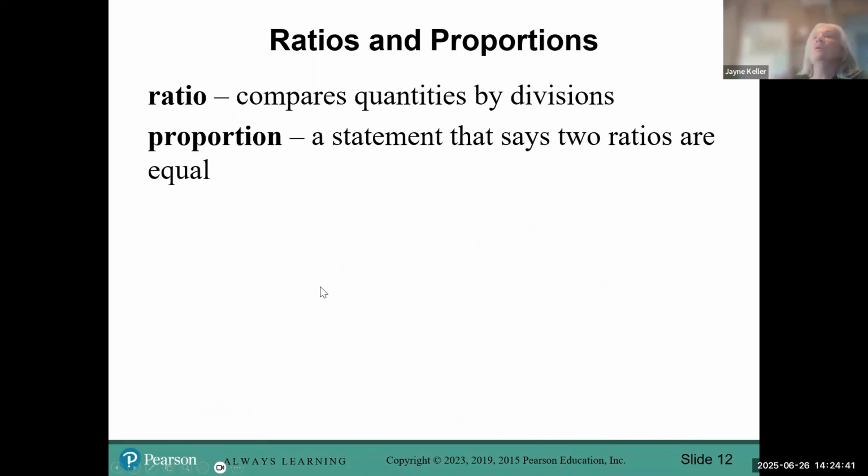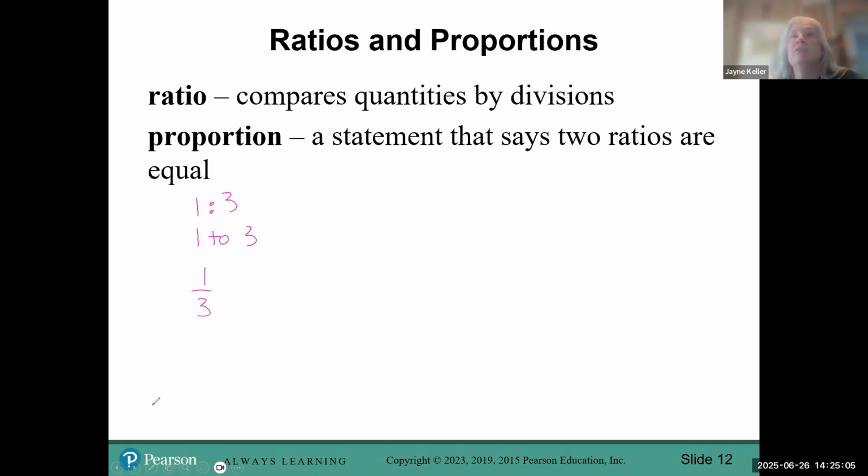The last thing that we're going to look at are ratios and proportions. So a ratio is just a comparison of two quantities by division. And we sometimes will write a ratio like this, 1 to 3. We might use words, or we might use a fraction bar.